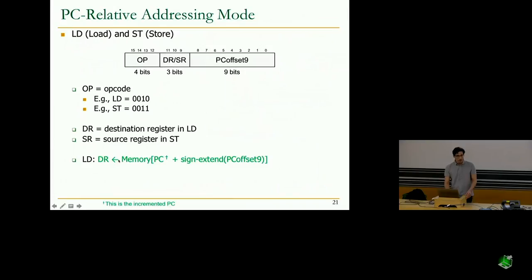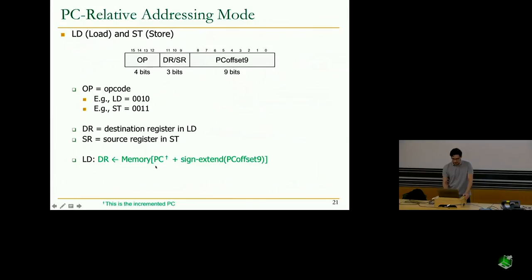We access memory using the address generated by the incremented PC plus the sign-extended PC offset 9. For the same reasons as before, when we had to sign extend from 5 bits to 16, because 16 is the number of lines that we input in the ALU, here we do exactly the same. This PC offset of 9 bits is extended to 16 bits.